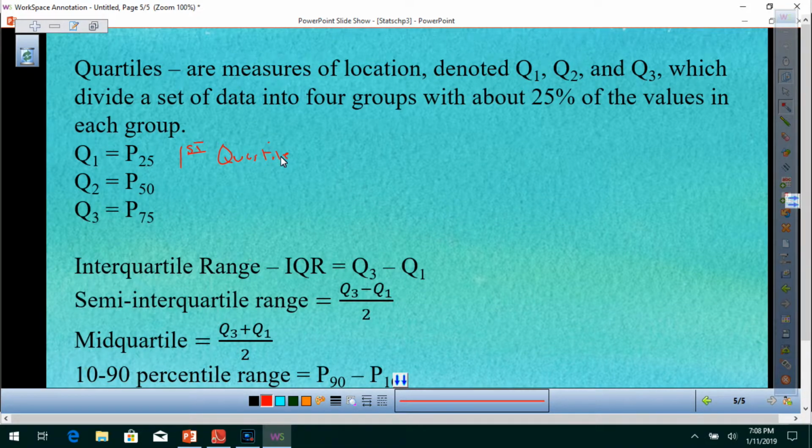It separates the bottom 25% of the sorted values from the top 75%.